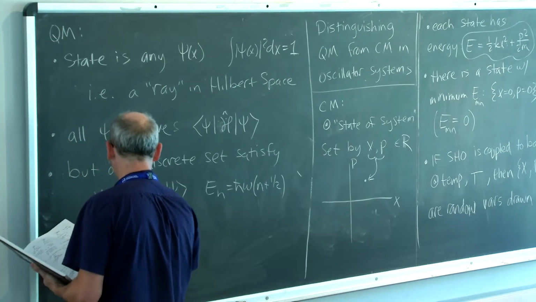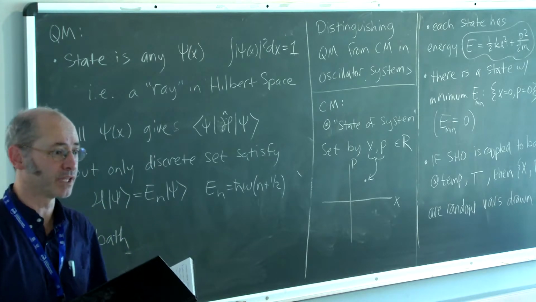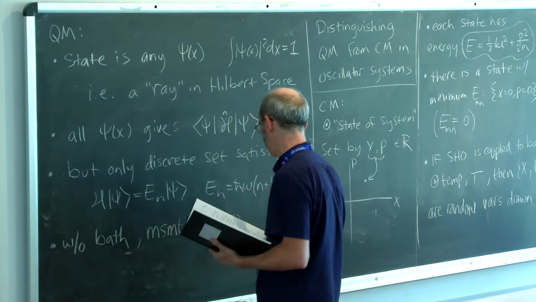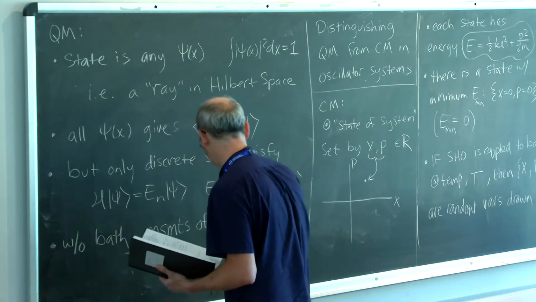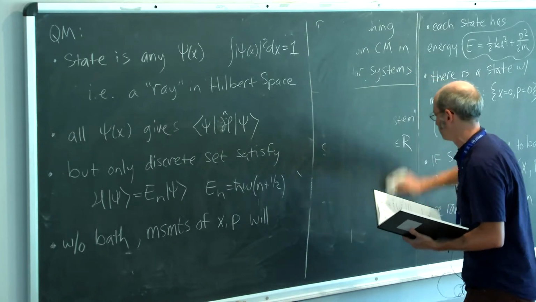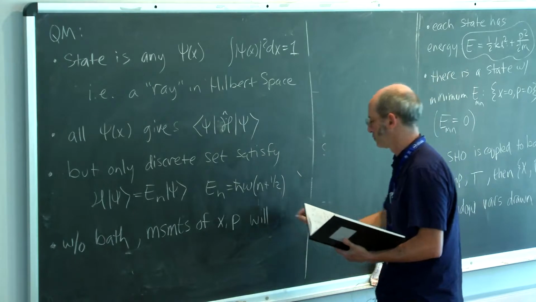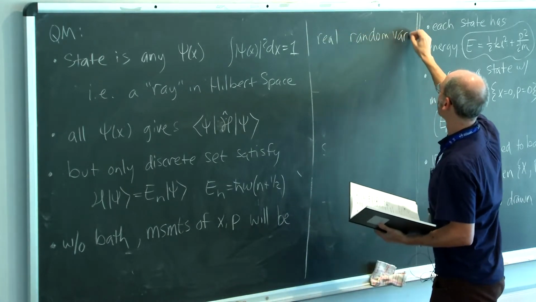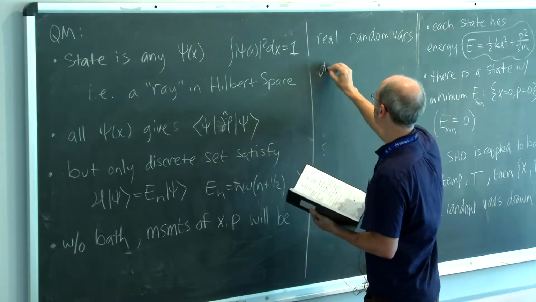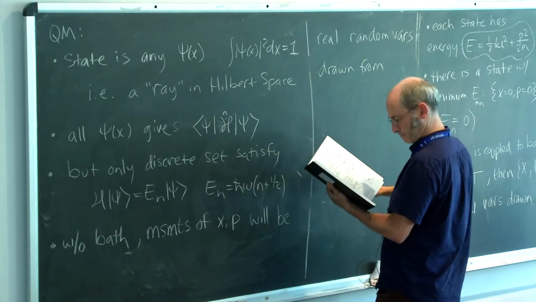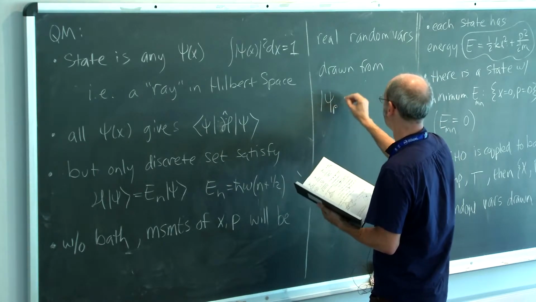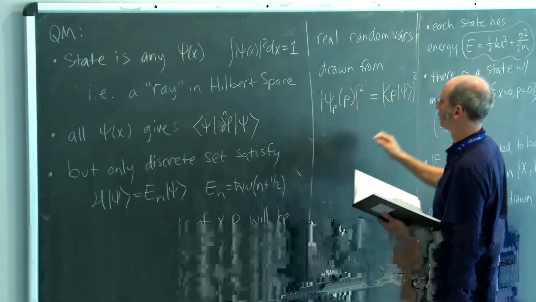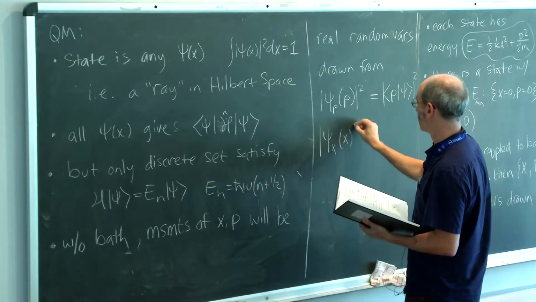So if the oscillator is not coupled to a bath, measurements of x and p will be random variables that are real valued, that are drawn from probability distribution functions that are related to the wave function in the following way, where the subscript here means that this is the wave function in the x basis.